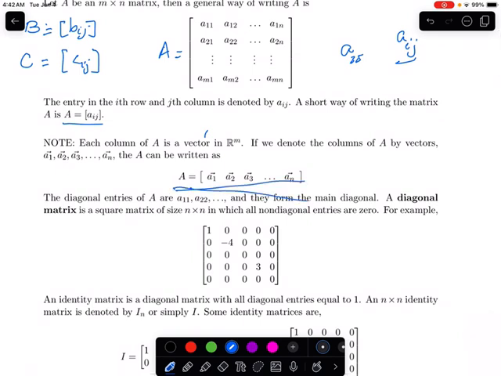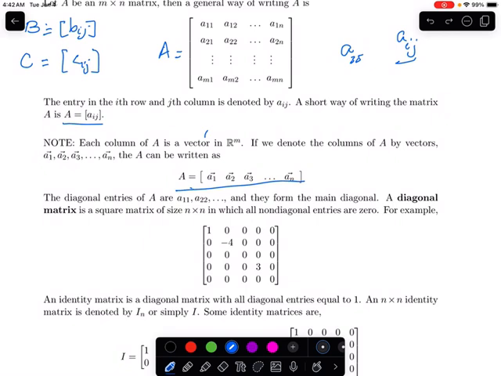Now, if we have a square matrix, we can define more special matrices. One of them is the diagonal matrix. So what is a diagonal matrix? First, it has to be a square matrix, and all the non-diagonal entries are 0.